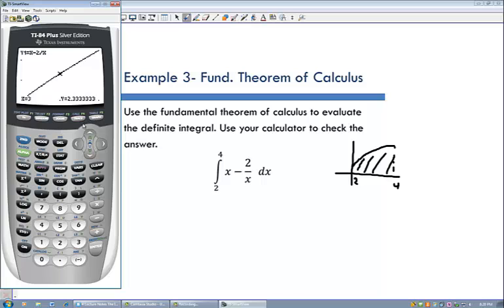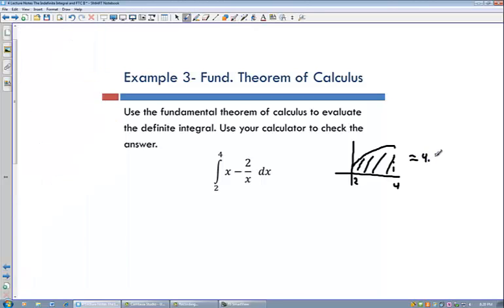So we can trace this and see it is above the x-axis. And we hit second trace, and we can hit number 7. And we can do 2 enter, 4 enter, and watch the region get shaded in. And everything looks good. All right, so we should get approximately 4.61. So this area is approximately 4.61.